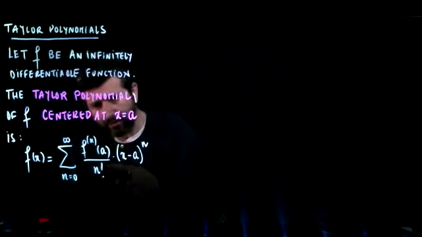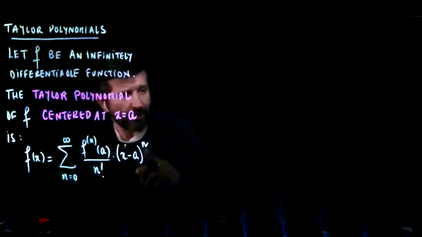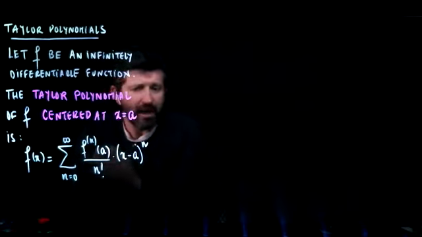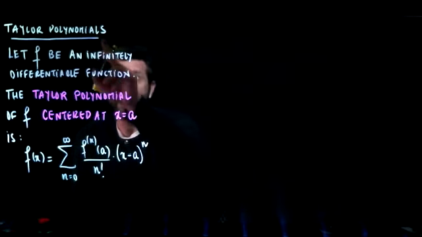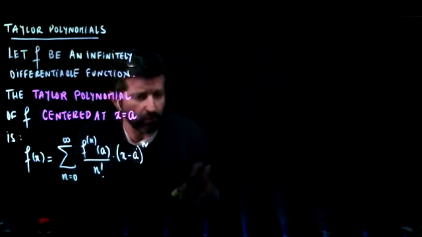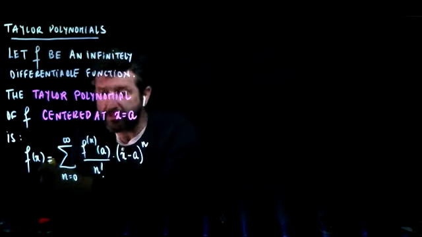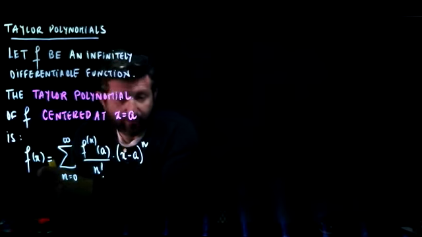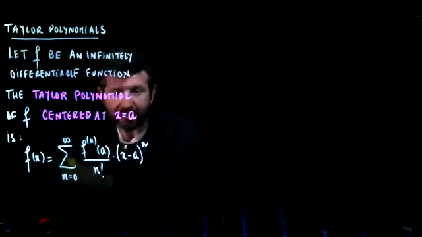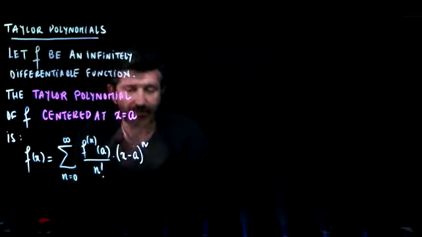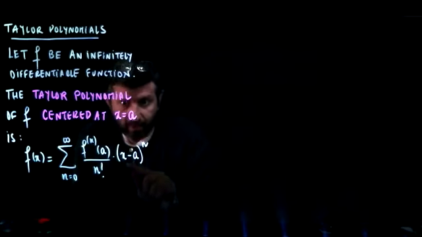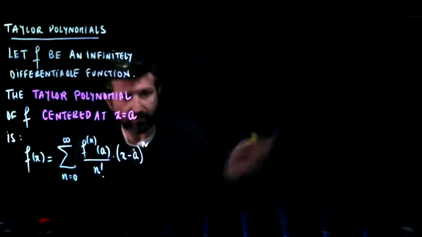So this is a number times (x minus a) power n. So it's basically a big polynomial. It's called a Taylor polynomial. What you're trying to do here is to express a differentiable function as a polynomial, as an infinite polynomial, a polynomial of degree infinity.